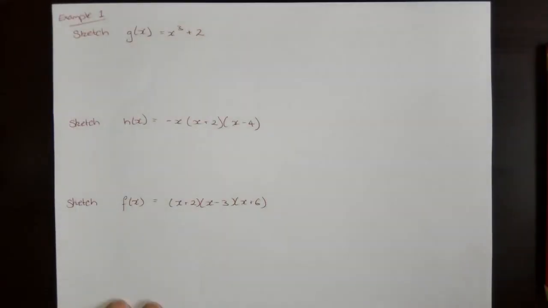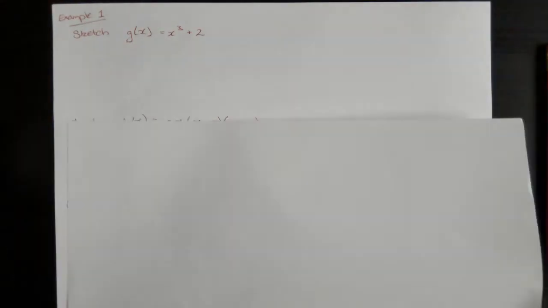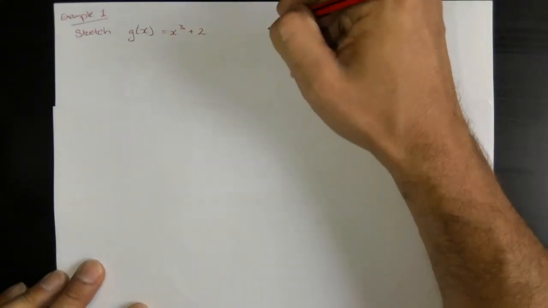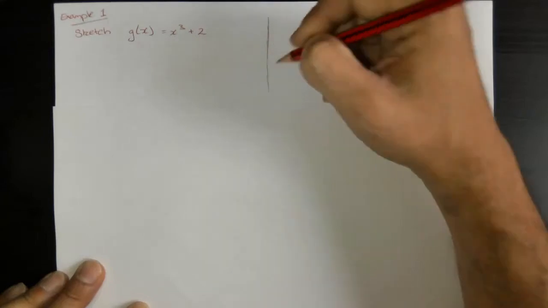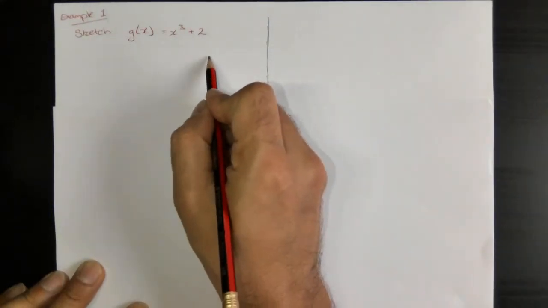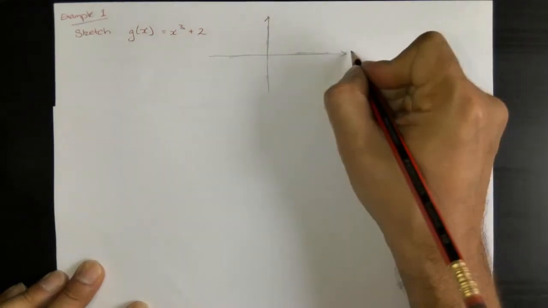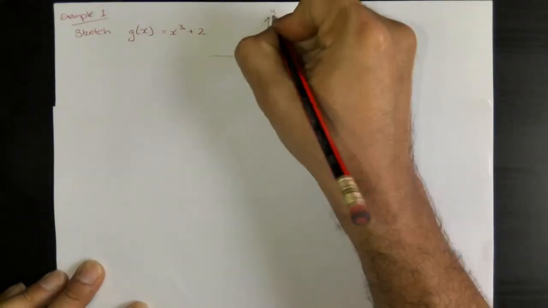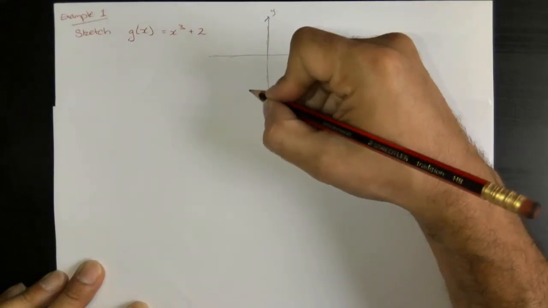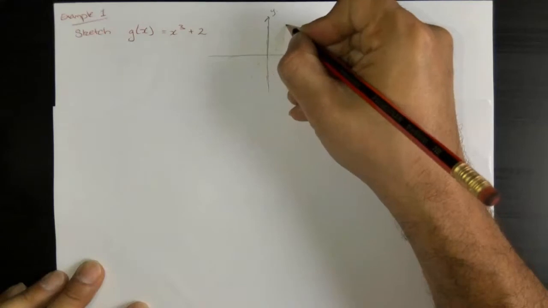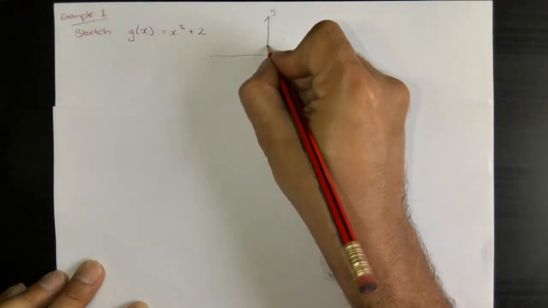Okay, let's do some examples. We're going to sketch g of x equals x cubed plus 2. So this is just the usual cubic, x cubed. It will look something like this. But I'm going to translate it up 2 units.